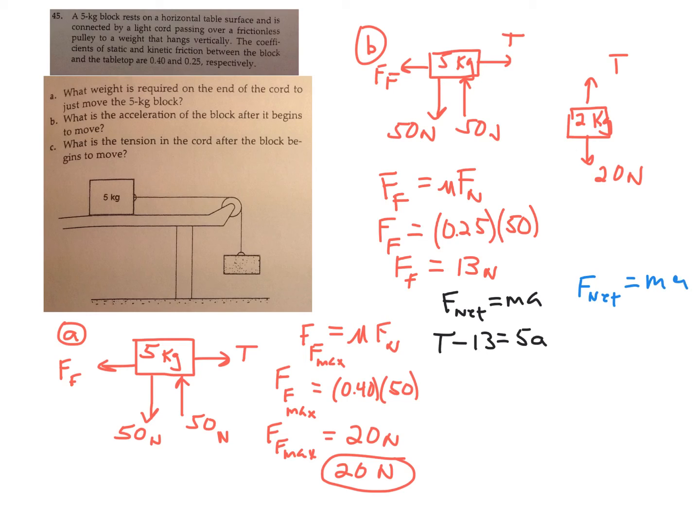In that case, that one's accelerating down, so the downward force is bigger than tension. So the tension is somewhere between 13 and 20 newtons. You'll see that later on in the problem.